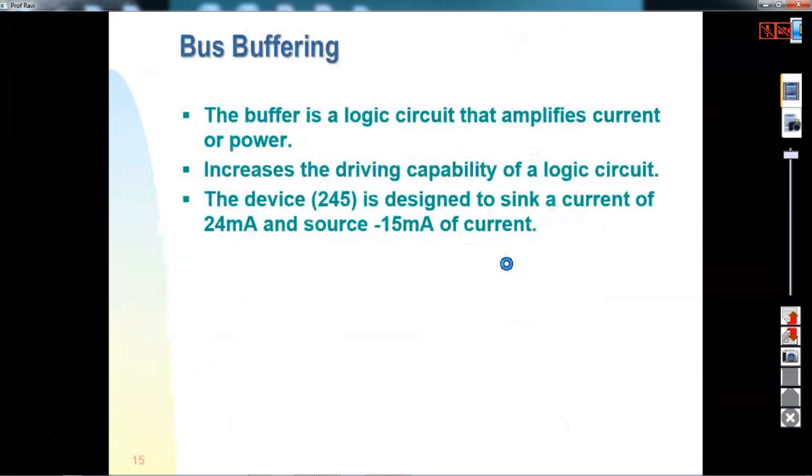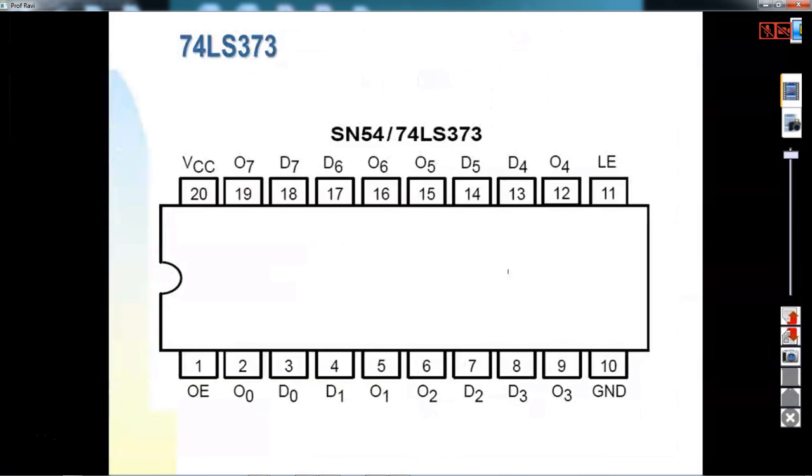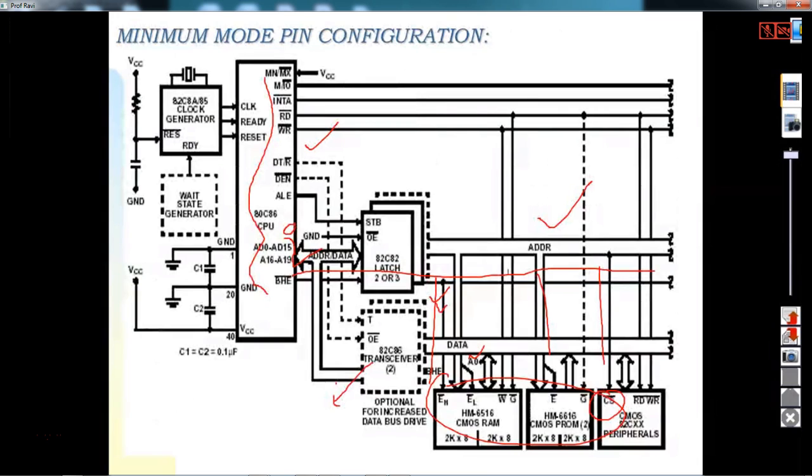So now if you try to see the minimum mode operation of 8086, clearly you can see that DT/R bar is connected to the latch. If it is 373, it should be connected to DIR. And data enable is connected to chip select. That's it.